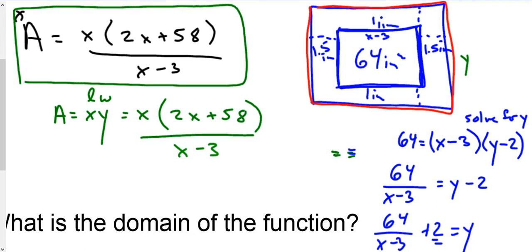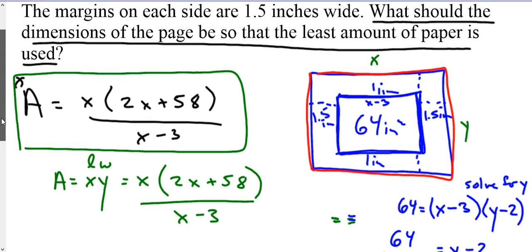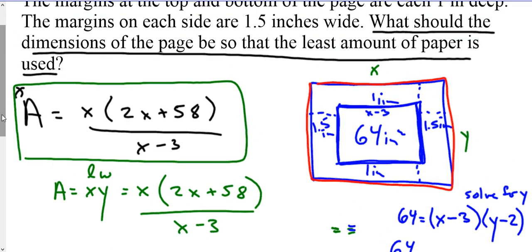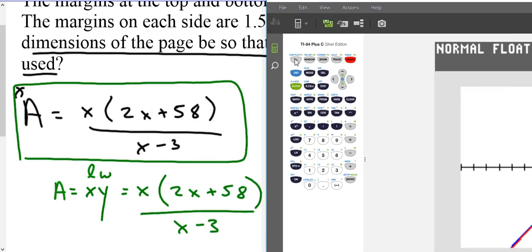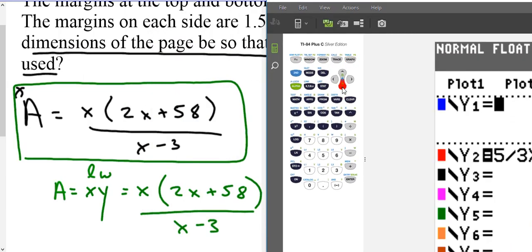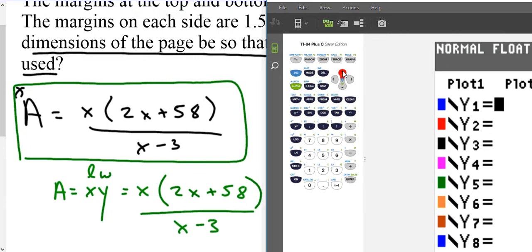Now, from this area formula, we want to figure out where the least amount of paper is being used. Least means we are looking for a minimum value, so this is where you want to take out your calculators. Go to your y equals and clear anything you have on there already.